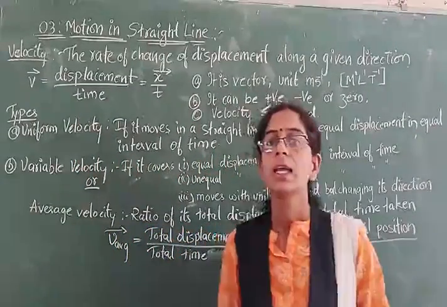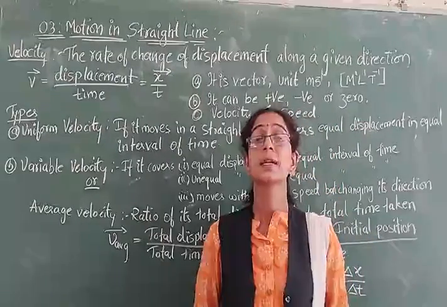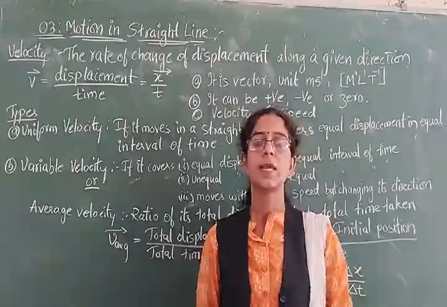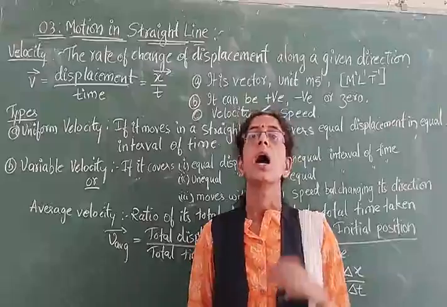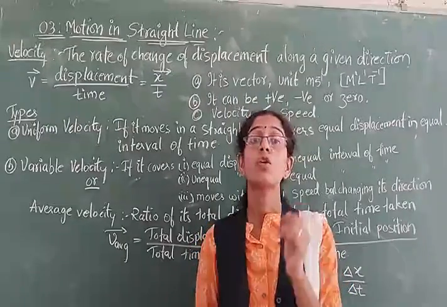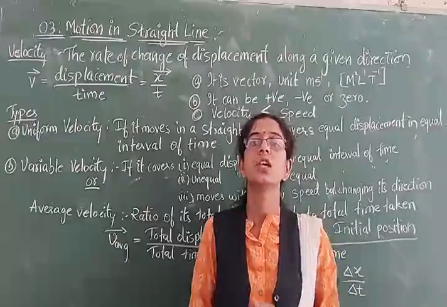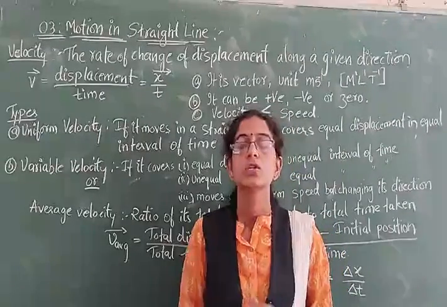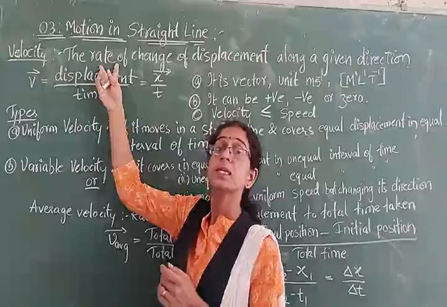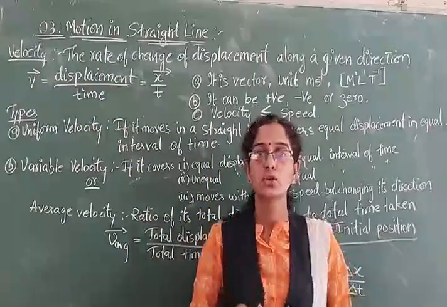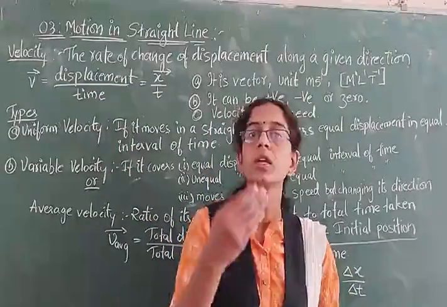So here, instead of writing the definition as a ratio of displacement upon time, I have used the words rate of change. It means how fast the object is changing its displacement. When this term comes, I am taking the ratio of time with a given quantity.